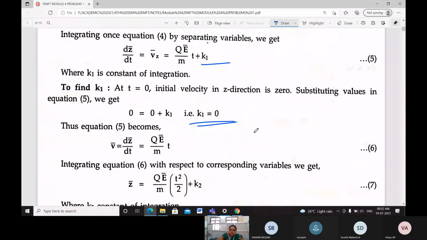Then, with k1 equal to 0, v equals dz divided by dt, which is q E divided by m into t.